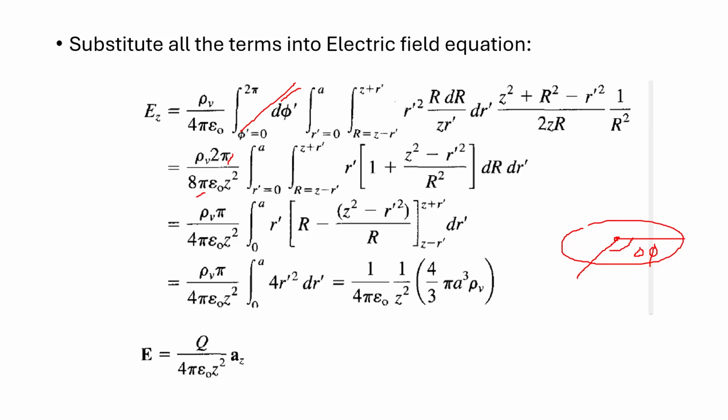Then solve for this term: r prime in brackets 1 plus z squared minus r prime squared over r squared, dr over dr prime. Then you solve this term, and you get the electric field equal to q over 4 pi epsilon naught z squared in the z vector.